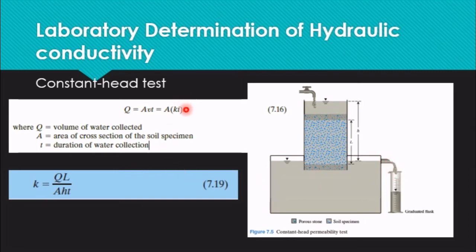Ang ibig sabihin ng constant head, guys, ang head kasi ay, from here hanggang dito, na-maintain yung head. Sabihin, ito yung pressure na nag-a-act dito sa soil. So, hindi siya nagbabago, hindi siya bumababa. Kasi pressure is dependent to head. So, constant head or constant pressure, parang ganun. And then, constantly nagfo-flow yung water dito.